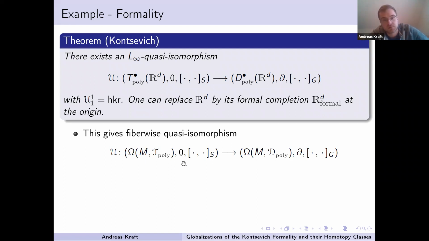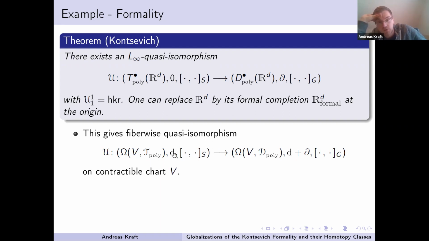Now at first here with zero differential and here just with the Hochschild differential. And next step, we can go to some coordinate chart where we have the de Rham differential. And since the de Rham differential just acts here on the classical side and the formality just on the formal coordinates, they don't interact, and this is still a quasi-isomorphism here.